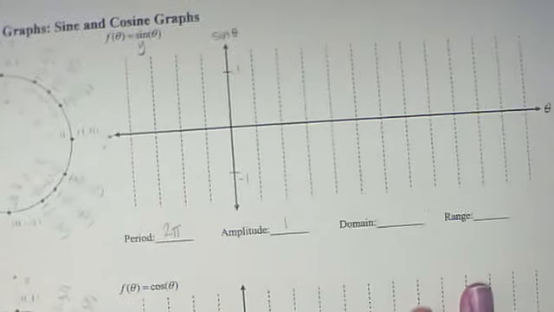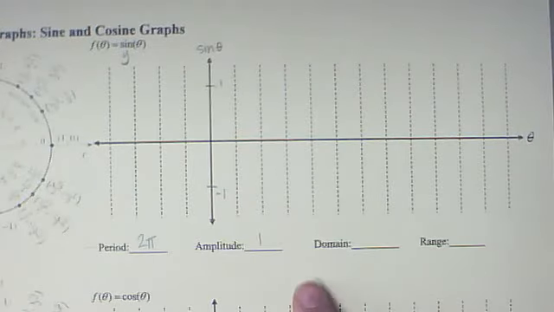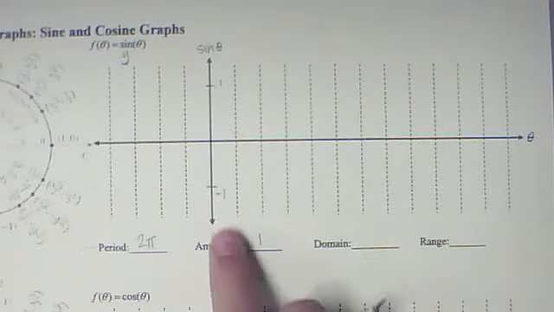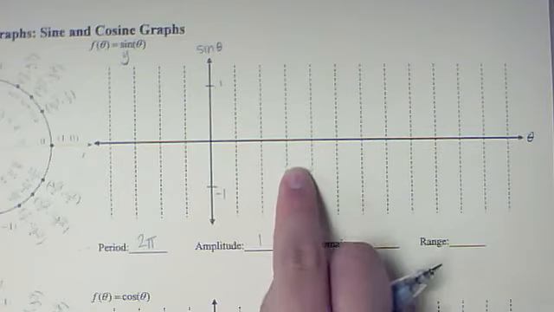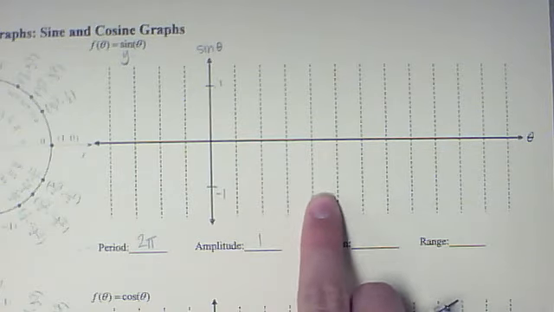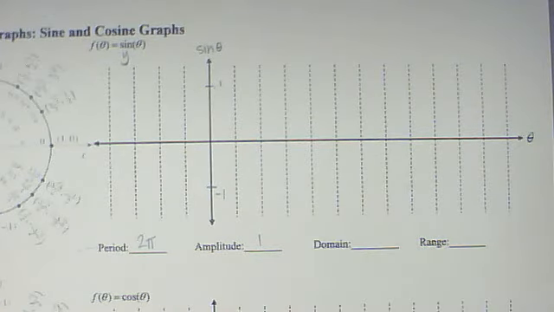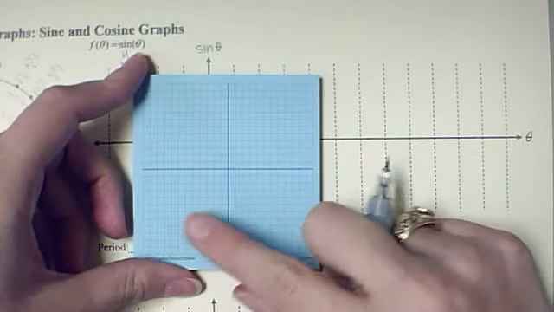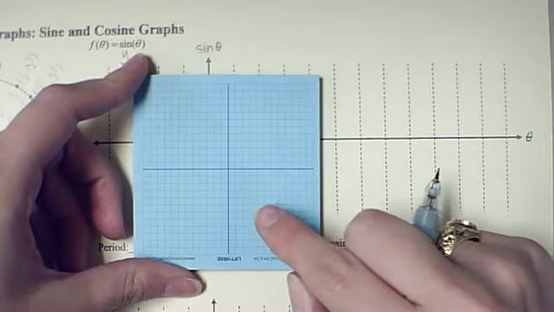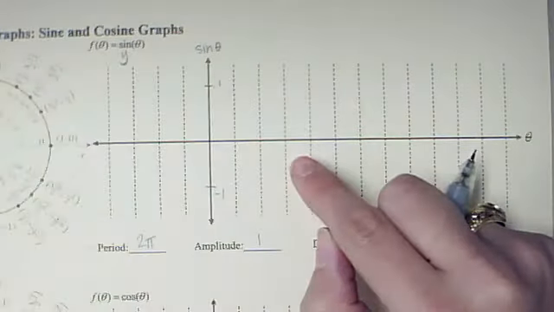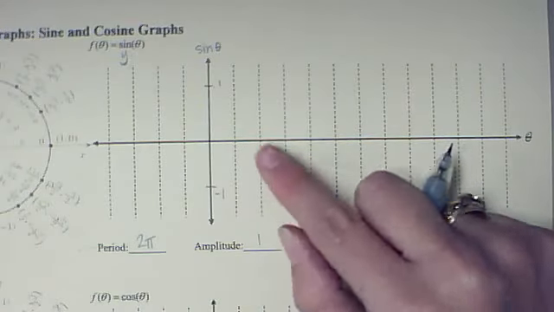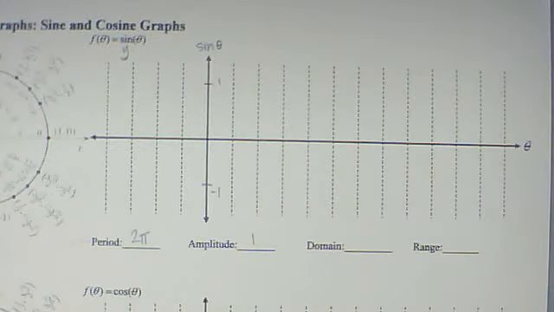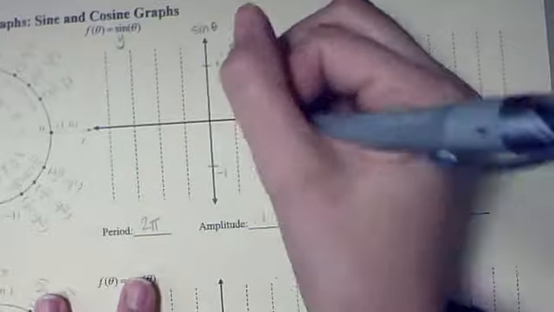Let's start with 0 as our theta, and then let's make marks every pi over 6. I drew these lines in for you as a tickler, just like if we drew an x and y axis, I might give you a coordinate grid. We don't always draw the full grid to graph in the coordinate plane, and here we won't always draw those midlines, but I've done that to give you a frame of reference.